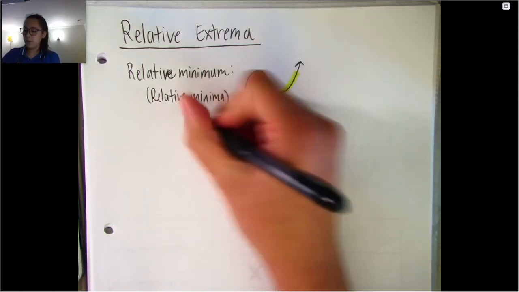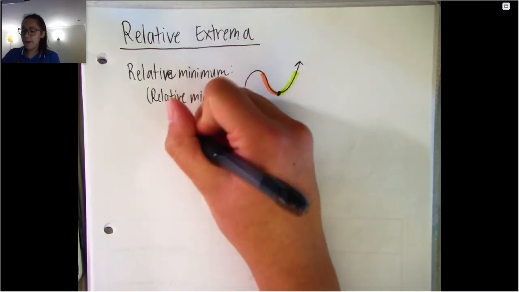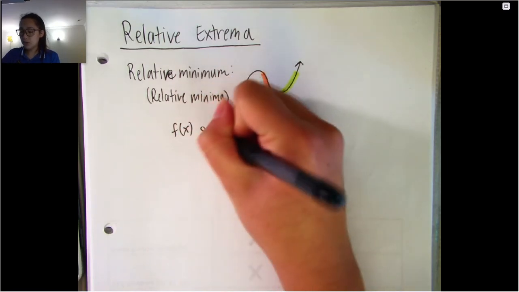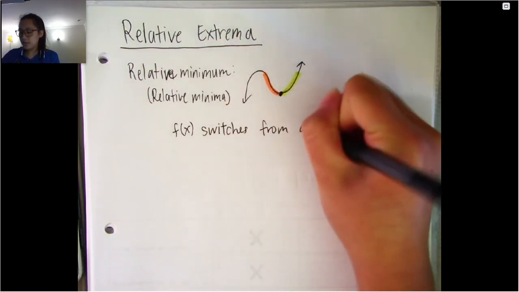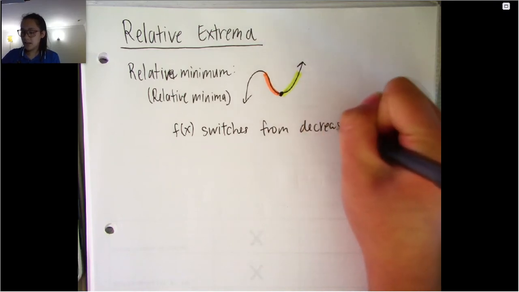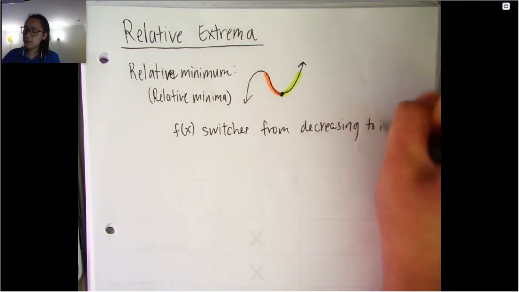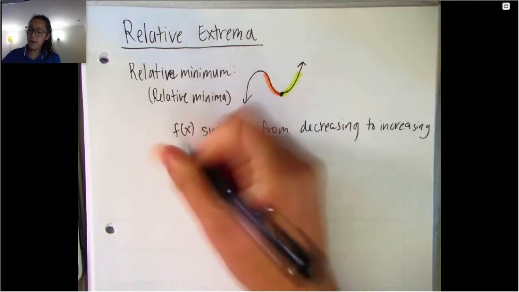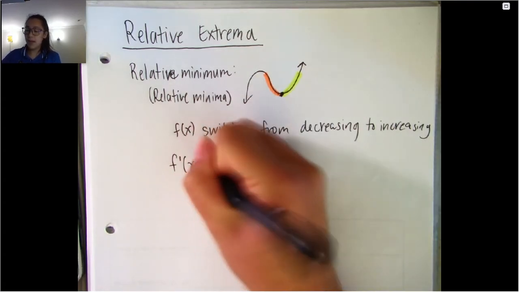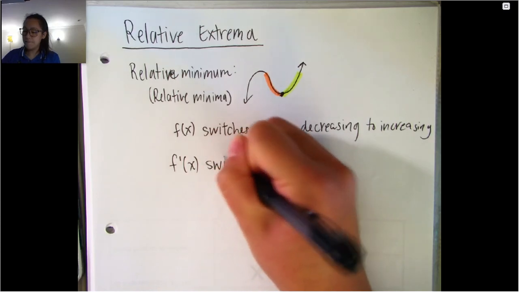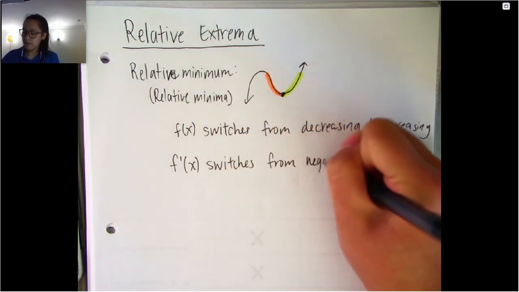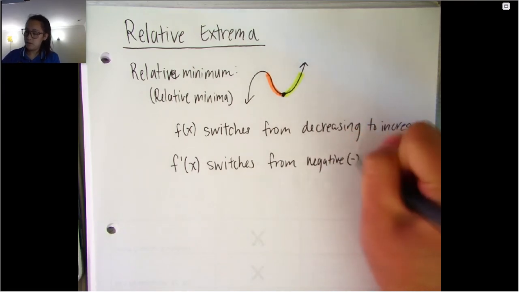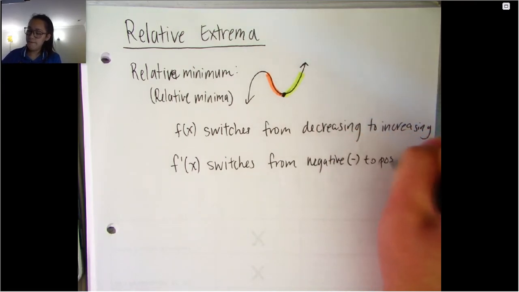So again, relative minimum is where f of x switches from decreasing to increasing, or where f prime of x switches from negative to positive.